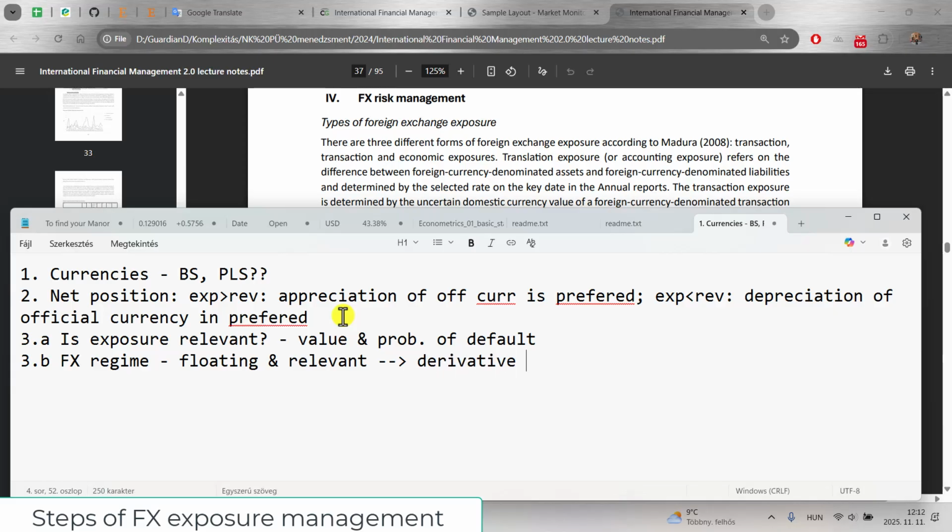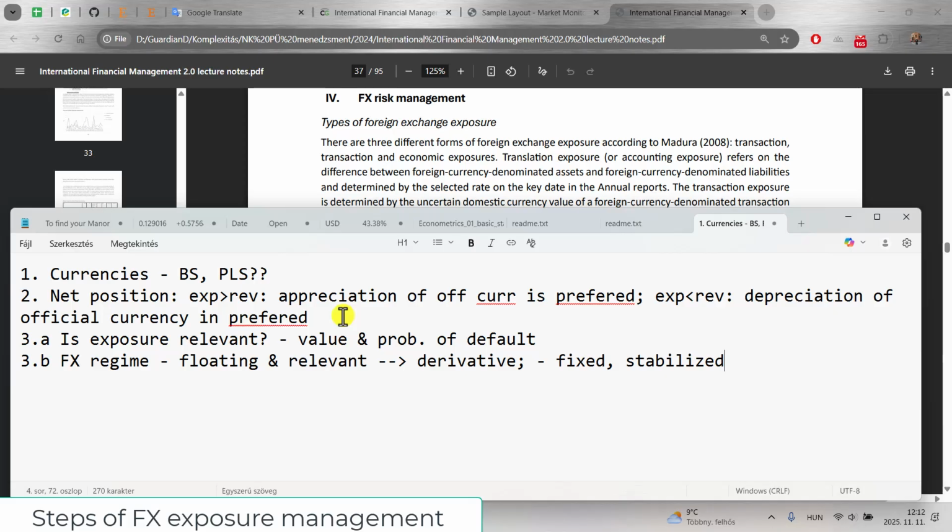Is needed. If this currency is fixed, stabilized, so somehow hindered, also, in many cases, it can happen that under such restrictions, we can't have derivatives.